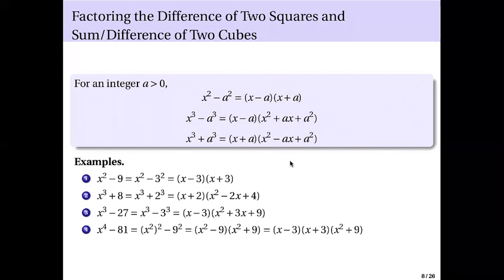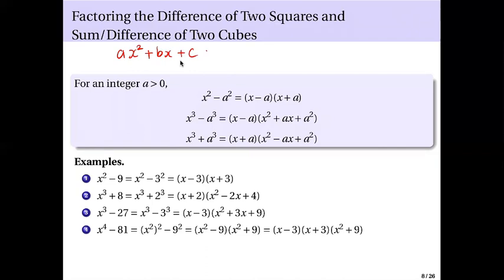If you have x squared plus bx plus c, or maybe ax squared plus bx plus c, how do you know if this is already prime?